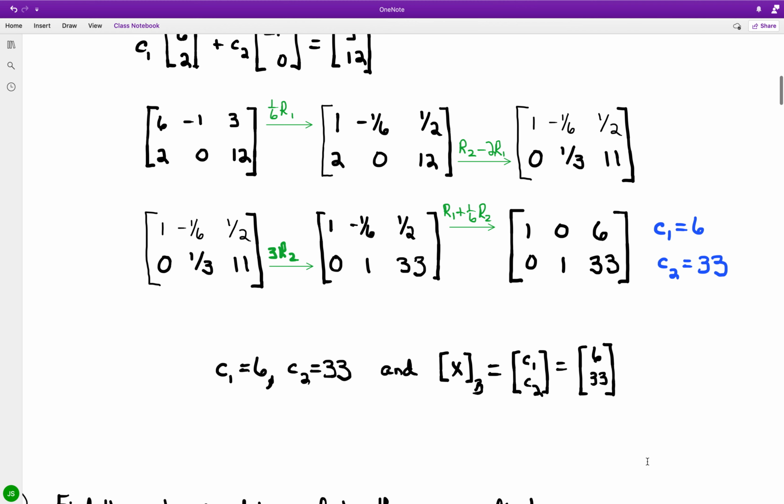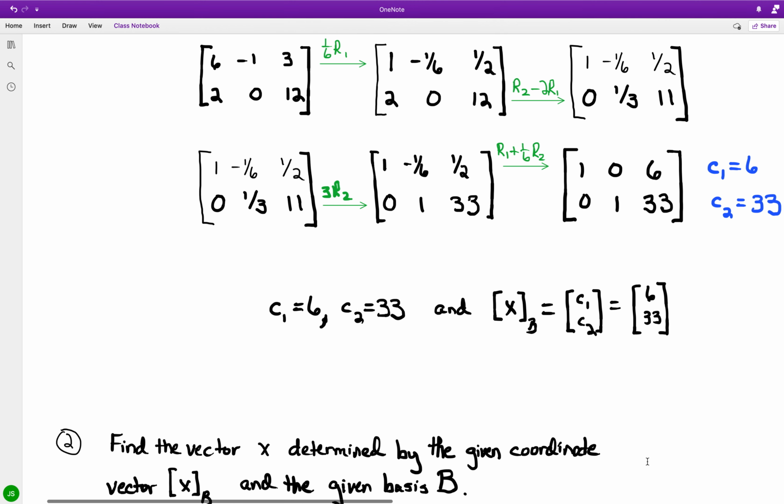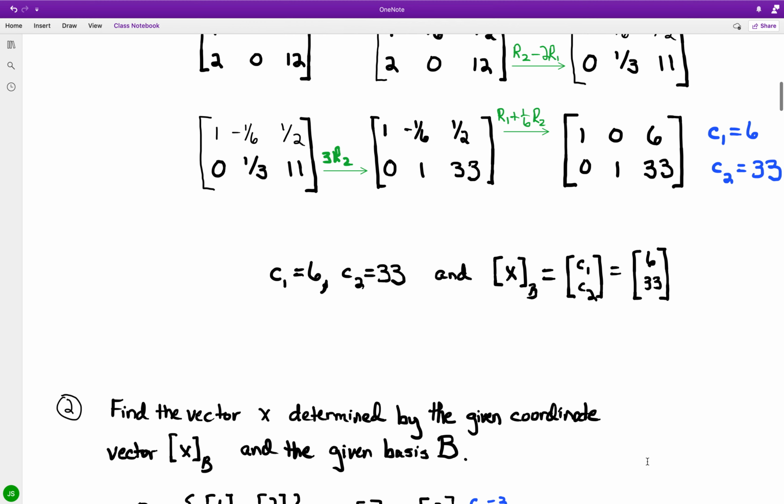Now, let's say you're looking at finding the vector x that is determined by the given coordinate vector, x relative to B, and the given basis B. In the first example, x was given, but now we're looking for the vector this time around.